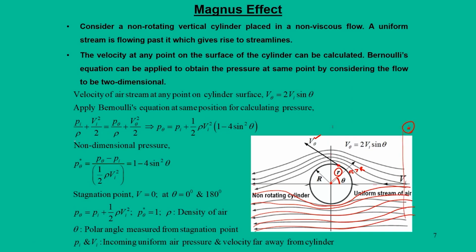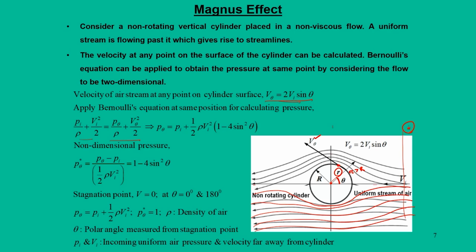We apply Bernoulli's equation by neglecting potential energy effects. With the two locations we find the pressure, and the velocity on the surface can be defined as twice V infinity sin theta, which is what we call V theta.